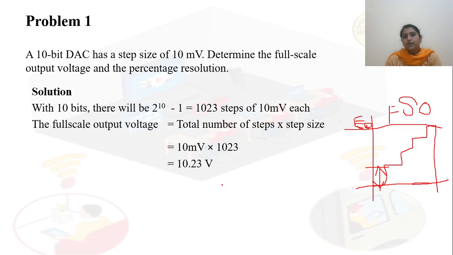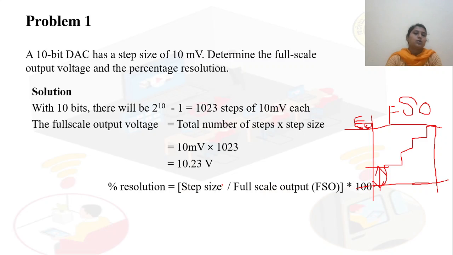Next, we have to find out the percentage resolution. What is the formula for percentage resolution? Percentage resolution is equal to step size divided by full scale output voltage, multiplied by 100.